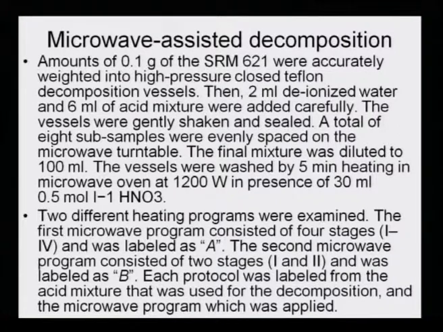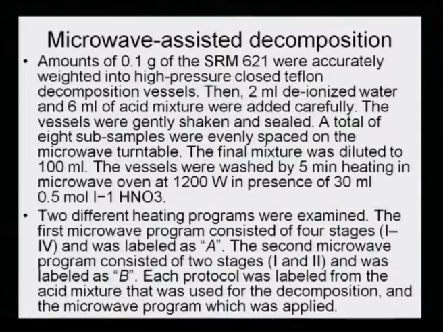2 different heating programs were examined. The first microwave program consisted of 4 stages, 1 to 4, and was labeled as A method. The second microwave program consisted of 2 stages, 1 and 2, and was labeled as B method. Each protocol was labeled from the acid mixture that was used for the decomposition and the microwave program which was applied.